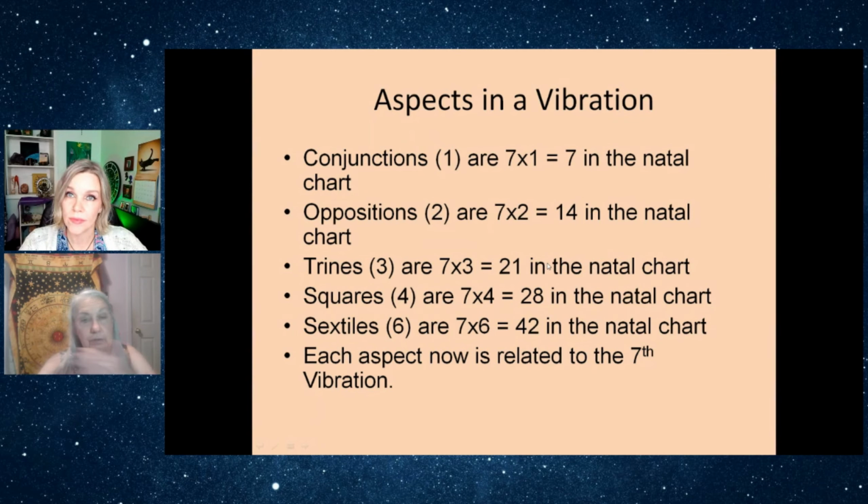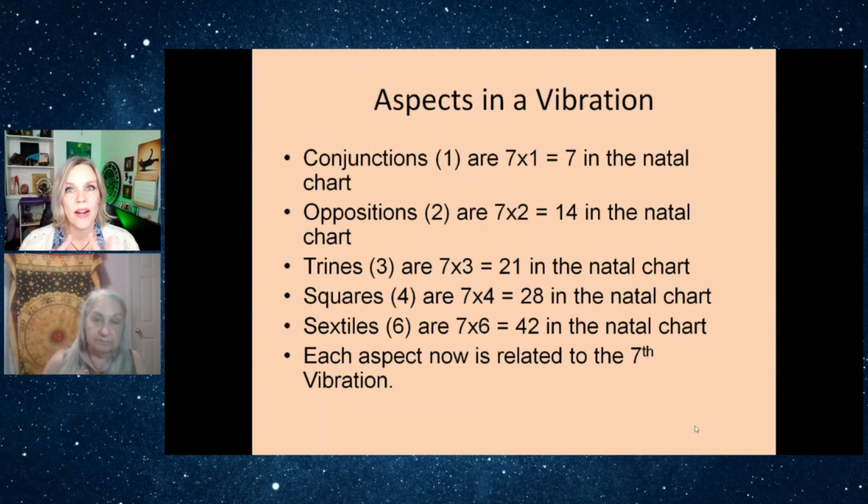So you're looking at what the world's doing in relation to what you're experiencing inside of you. It's that interaction. When you get to 7 times 6, you've got the flow of 6 is 3 times 2. So you've got the flow of 3 and the interaction of 2. And so 7 times 6 brings you the process of taking your inner patterns and actually sharing them in harmonious interactions with others.